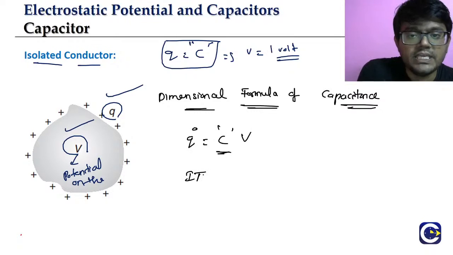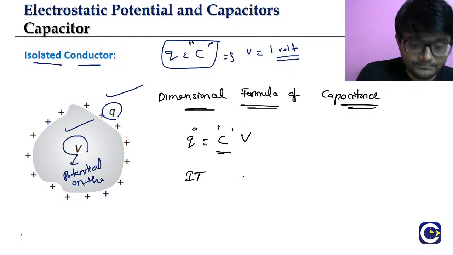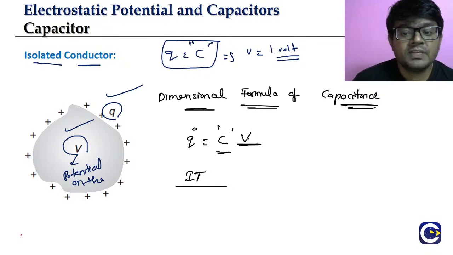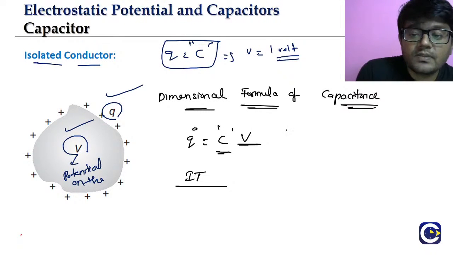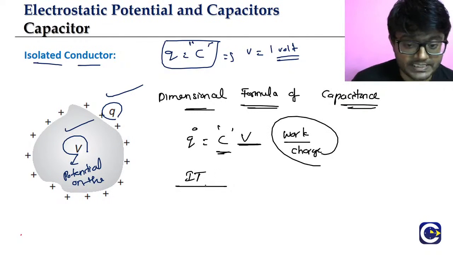So for the dimensional formula, Q is either I into T, or we can put it as A into T. I is the symbol for the current; sometimes we also take the symbol as A. Divided by the volt. Remember, volt is work per unit charge.